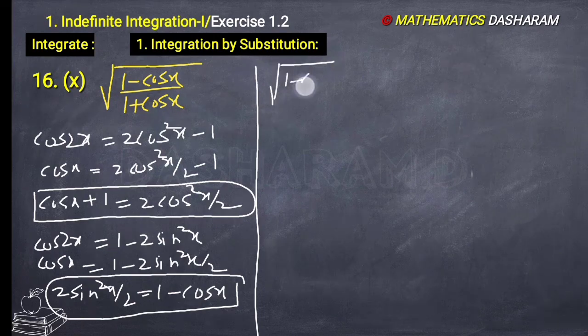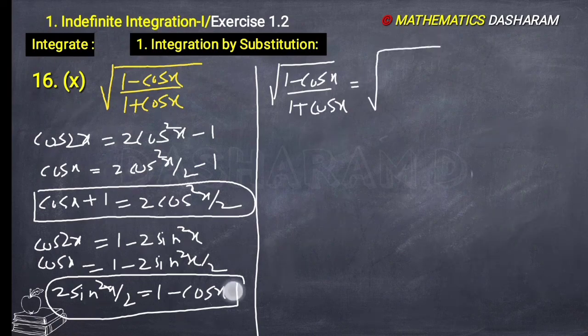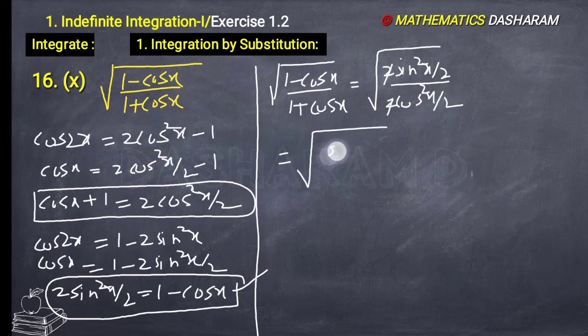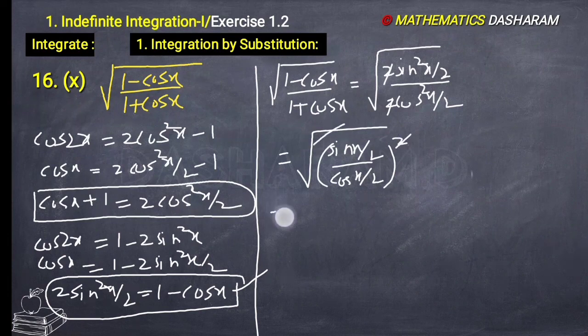Under root 1 minus cos x divided by 1 plus cos x equals under root, 1 minus cos x means 2 sin square x by 2, and 1 plus cos x equals 2 cos square x by 2. 2 cancel, so square root of (sin x by 2 by cos x by 2) whole square. Then square root cancel, sin x by 2 divided by cos x by 2.